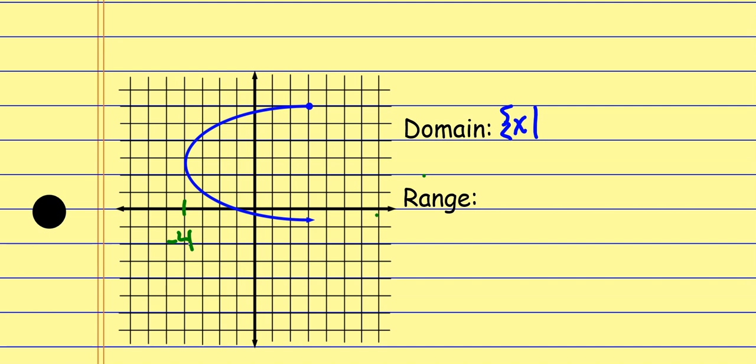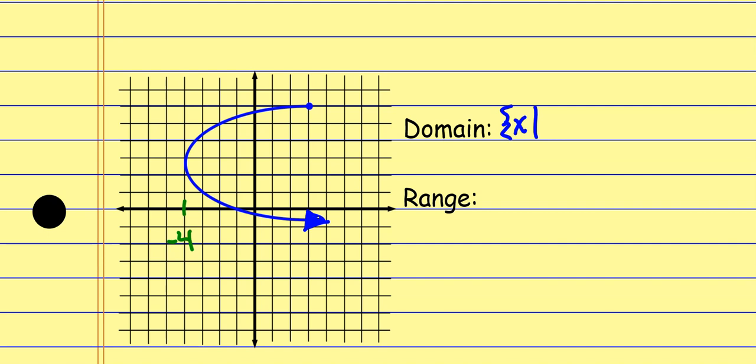Now I have to think about the biggest x value being used. Keep in mind this arrow on the end of this guy, let me make it a little bigger. This arrow means this thing keeps going forever, which means the x values are going to keep getting bigger and bigger and bigger. So I would say the biggest x value would be infinity. All right.